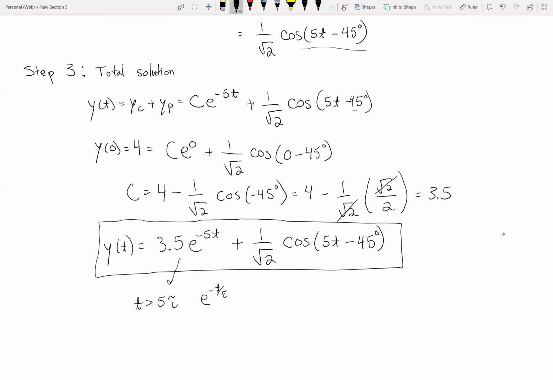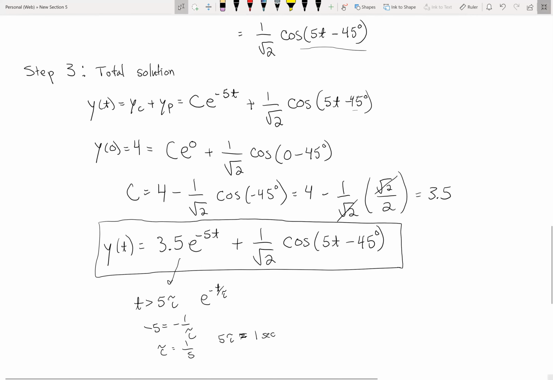So looking at this, I have negative 5 equals negative 1 over tau. So it looks like my tau is equal to 1/5. So 5 tau is 1 second, okay? So what I wanted to do is look at this in a circuit simulator.